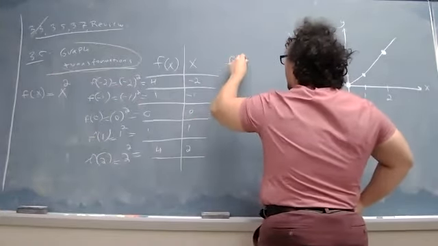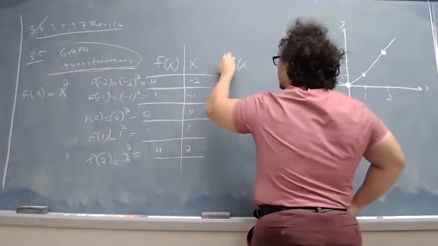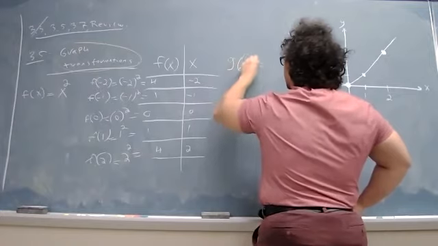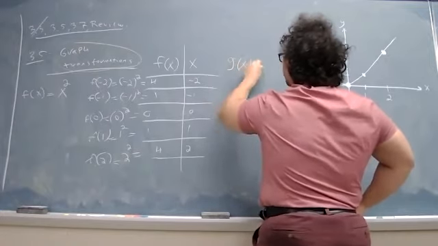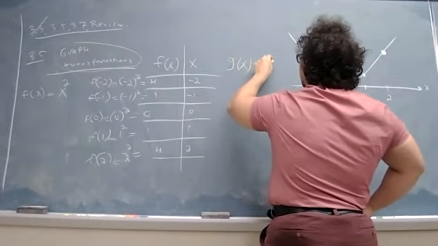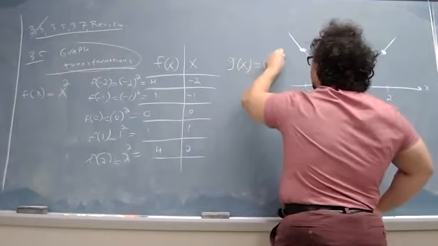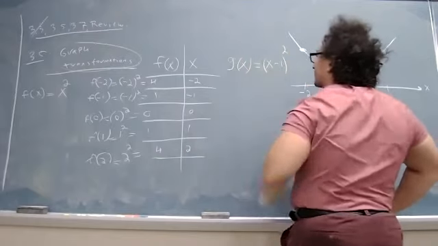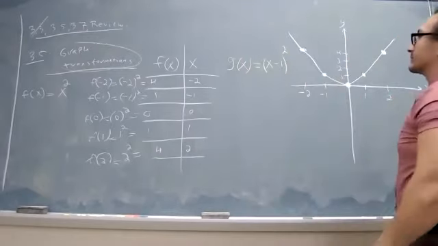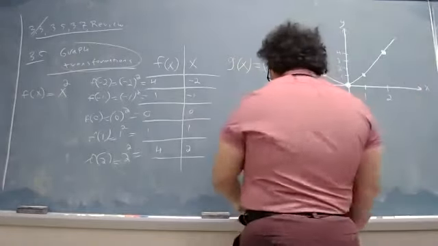And so what does f of x, well, let's call it a new thing. Let's call it a g of x. What does g of x is equal to x minus 1 quantity squared look like? All right.